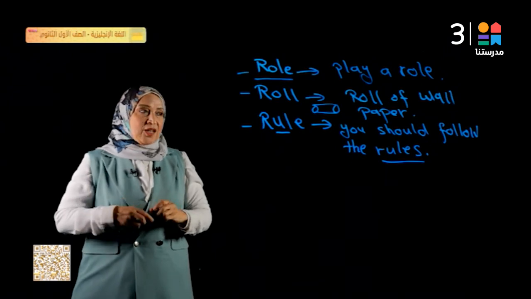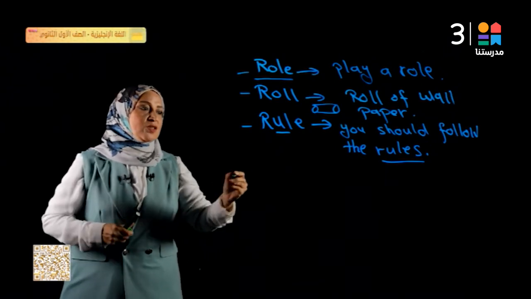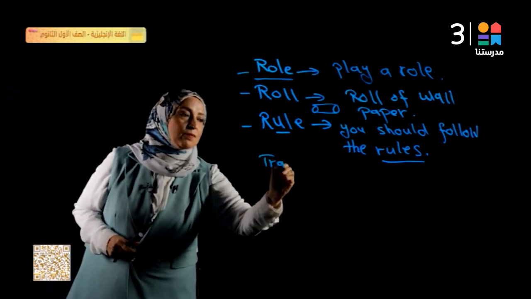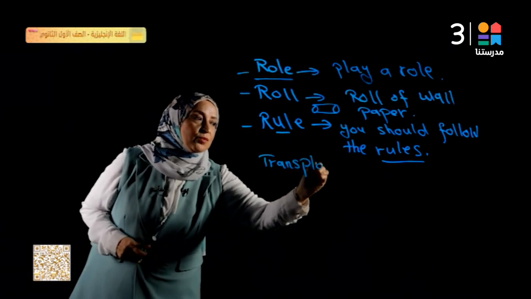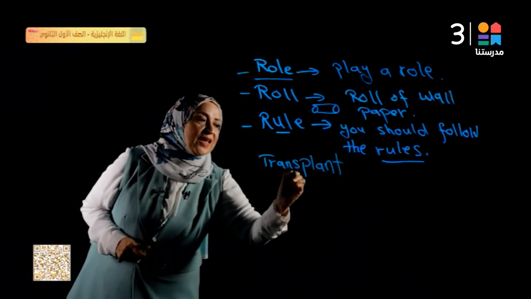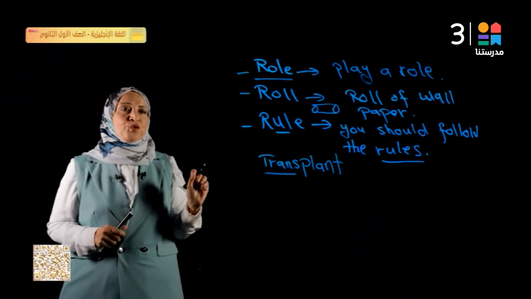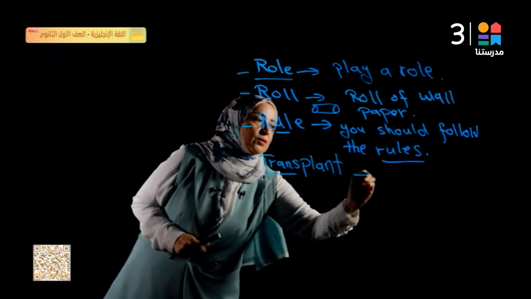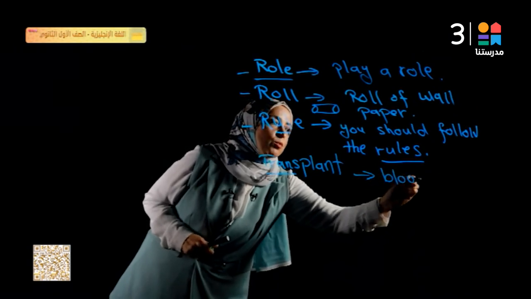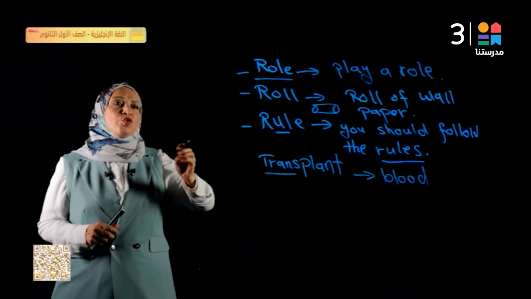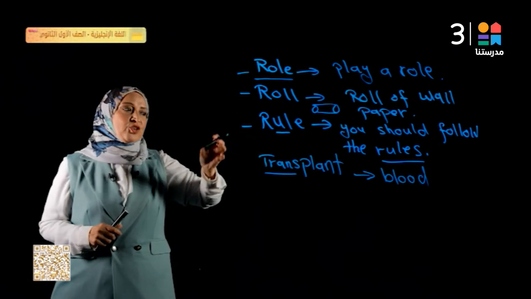Okay? Now let's talk about the word transplant. We have taken this word, the prefix trans means to move. We said blood transplant. We can transplant blood. So we can move blood from one person to another, transplant.